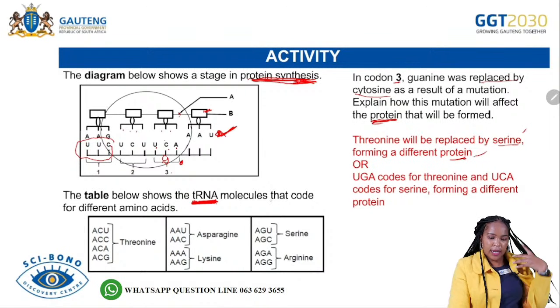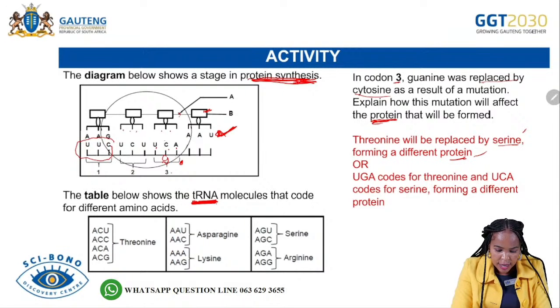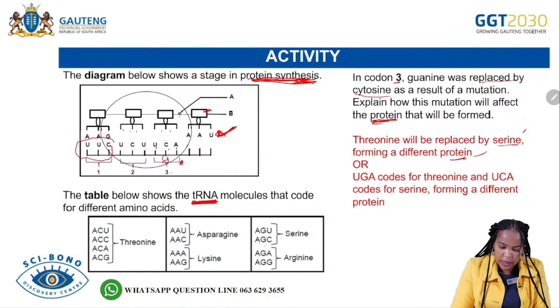So you must come check. UCA codes for what? You come to the tRNA, but UCA also matches with what first? It matches with AGU. Right, AGU is your serine.